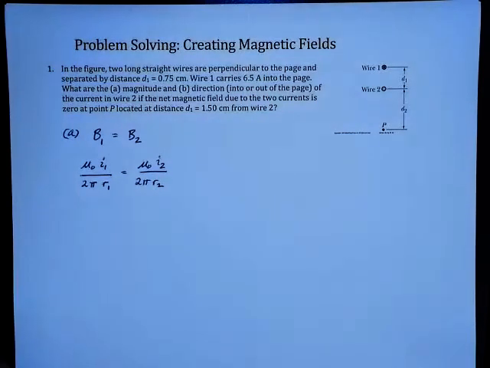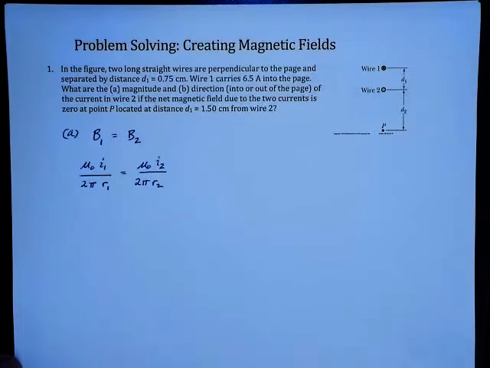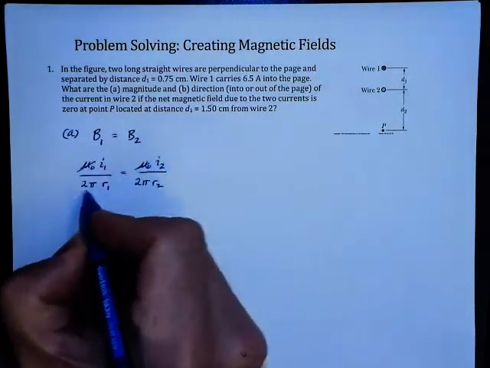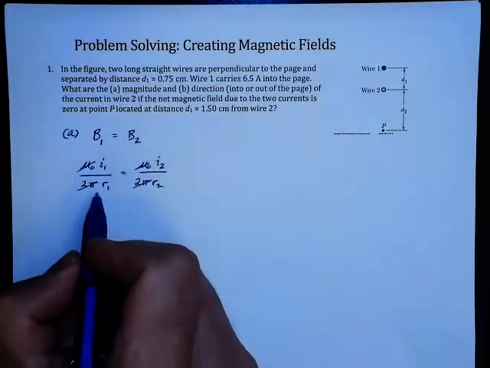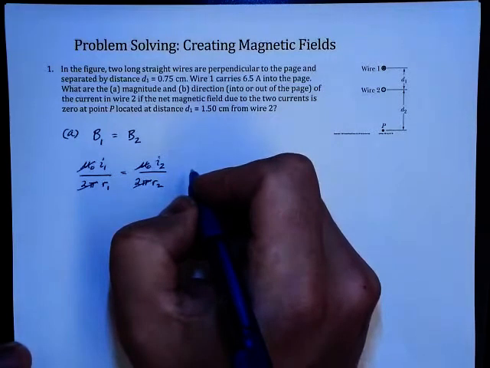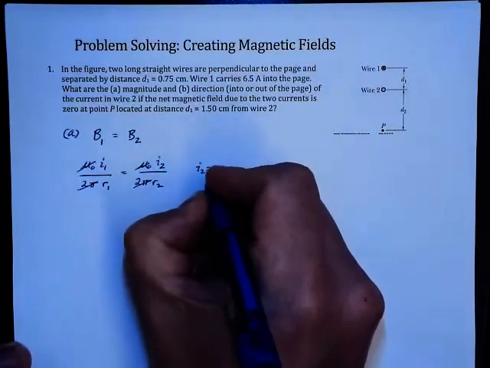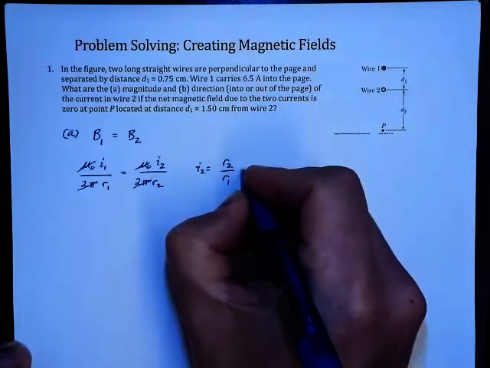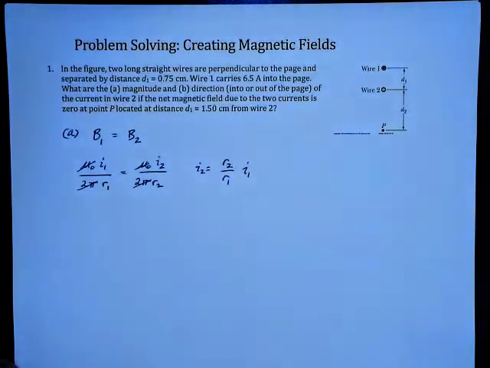And so this is where, again, keeping things symbolic before actually calculating a magnetic field can be helpful, because you'll notice mu 0 is going to cancel, 2 pi is going to cancel, and we're going to be left with an expression for I2 is R2 over R1 times I1.